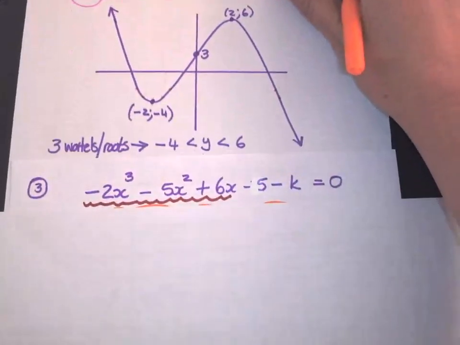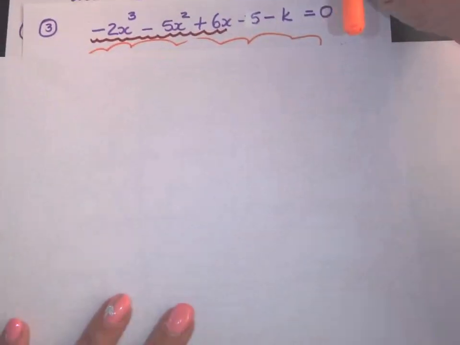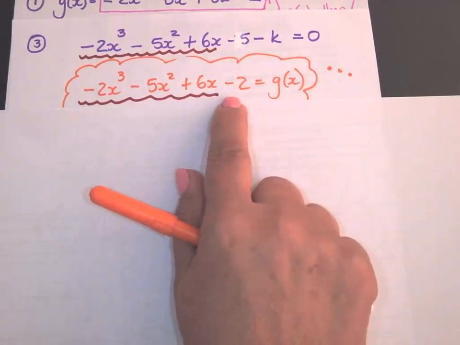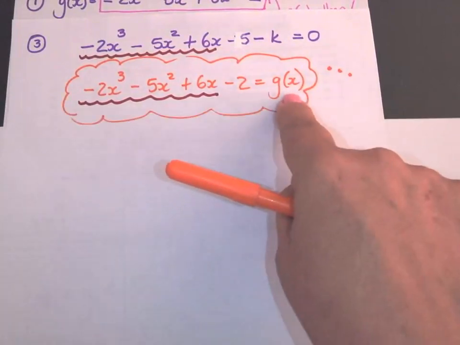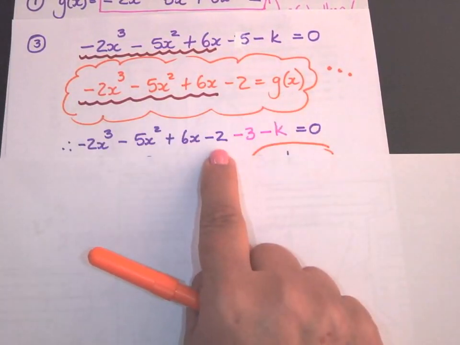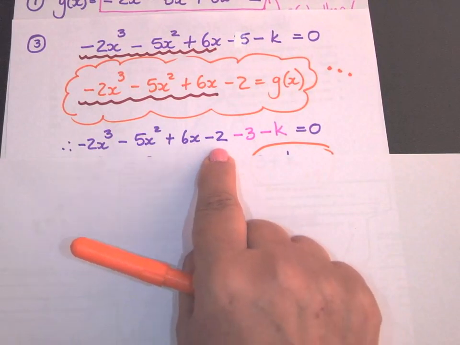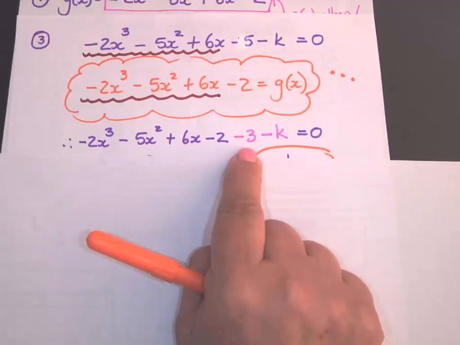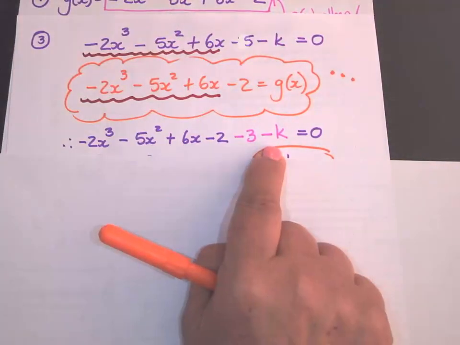I will write the negative 2, that's g(x). So what must I add or subtract from the negative 2 to get the negative 5? Negative 3. And I add minus k.